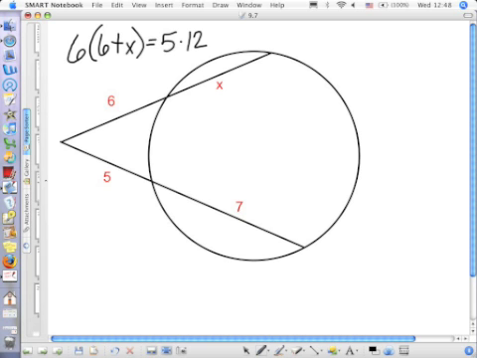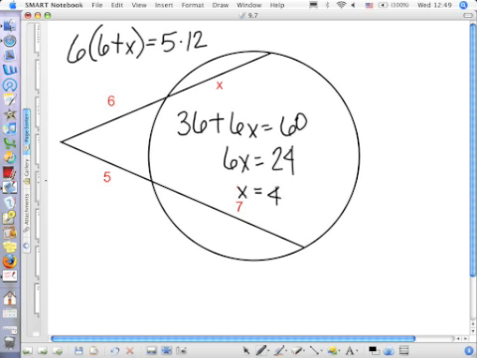So we got 36 plus 6x equals 60. We subtract 36 from both sides and 6x is equal to 24. So x is equal to 4.